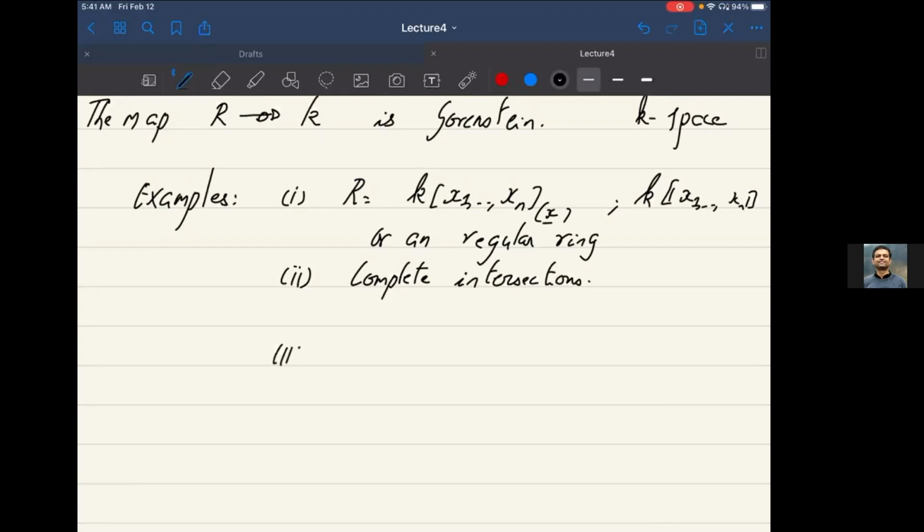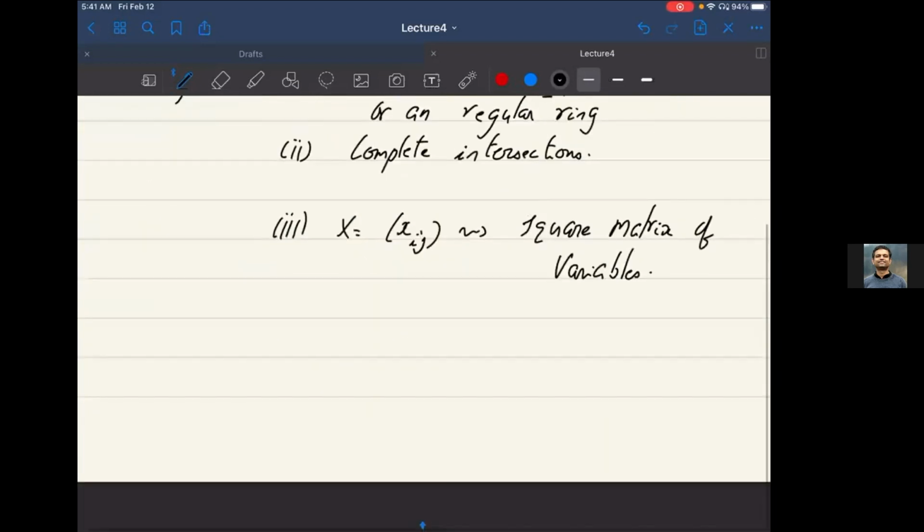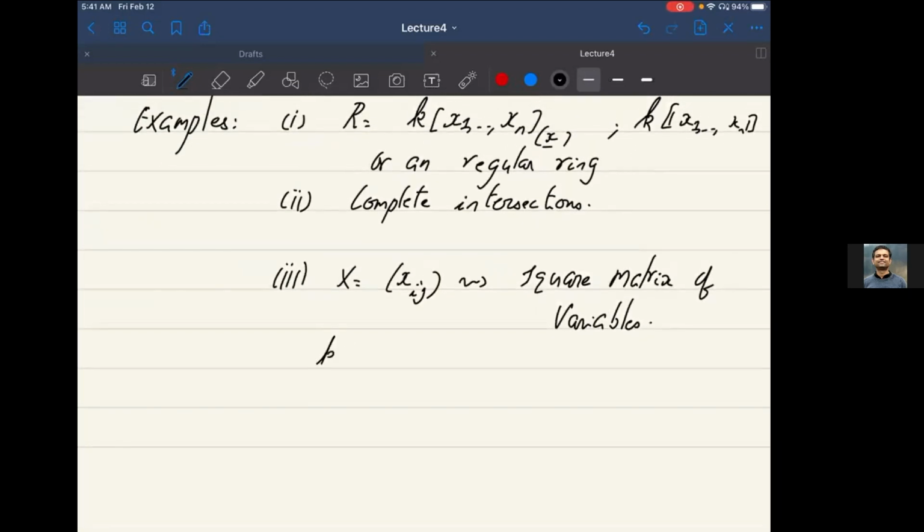Here's another interesting family. Suppose X is a matrix of variables, X_ij, so a square matrix of variables. You'll see why it's useful to think of it as arranged in a matrix. If the matrix has size n, then there are n squared variables. Then look at the polynomial ring in these variables.